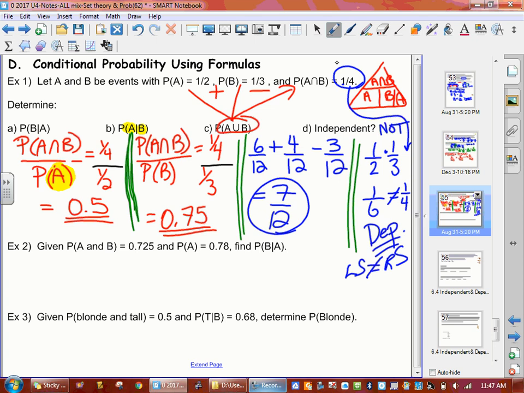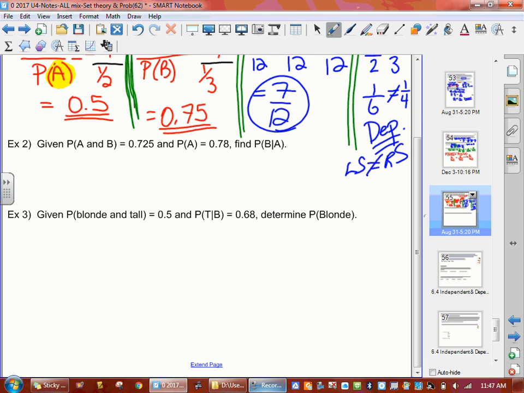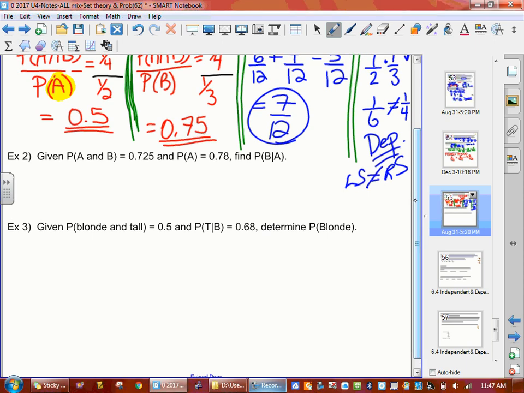We're going to do the same thing with number 2 and number 3. So with number 2, they gave us the and, and they gave us A. They want us to find B after A occurred.